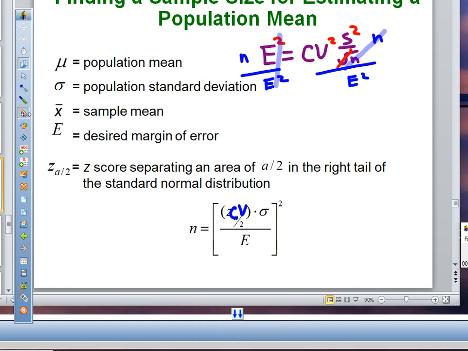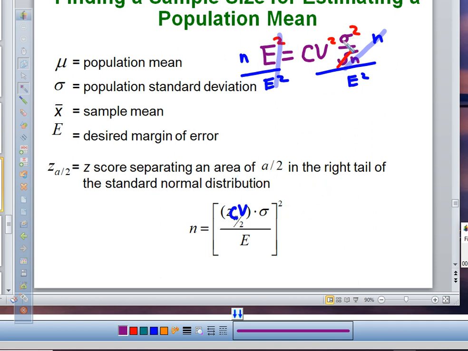We only do this with mu and sigma, so this actually is sigma, which is why we rarely ever do it. So this is my critical value squared, sigma squared, over e squared, or you can just multiply them first and then square all of them together, which is what they did.